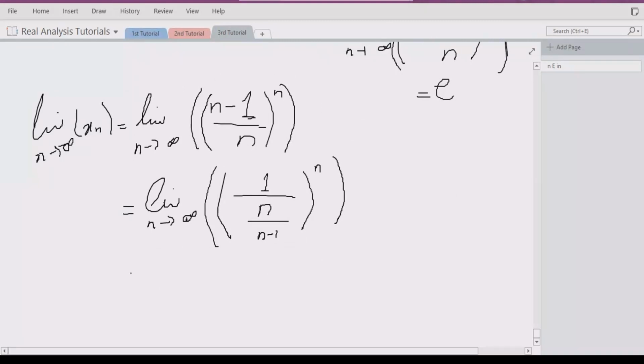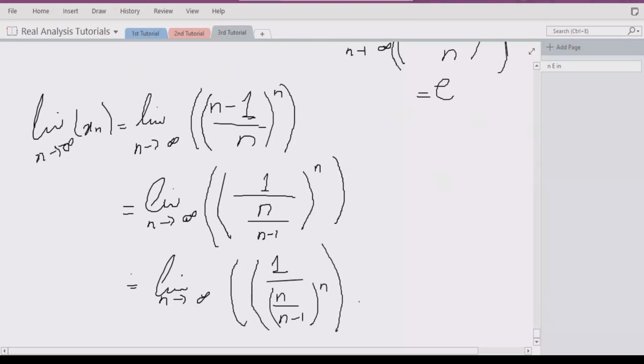The limit as n tends to infinity of 1 over n over n minus 1.